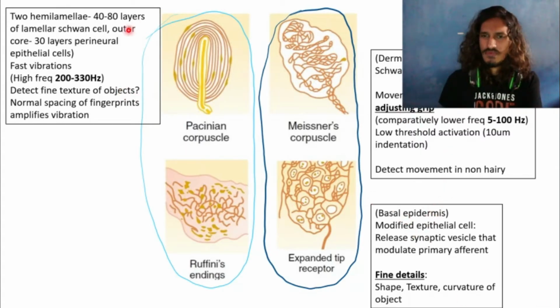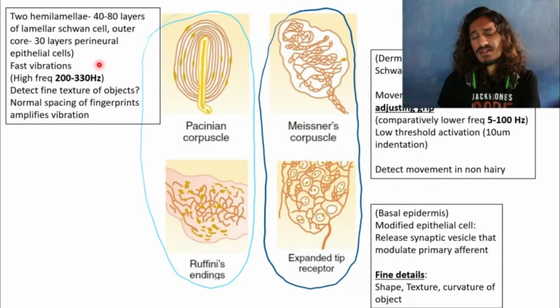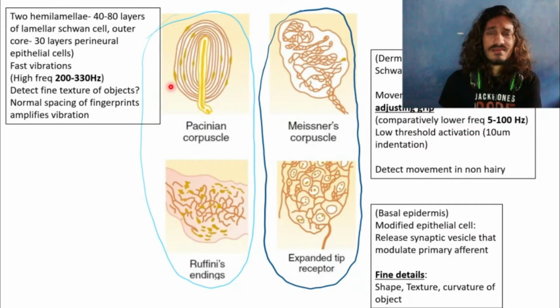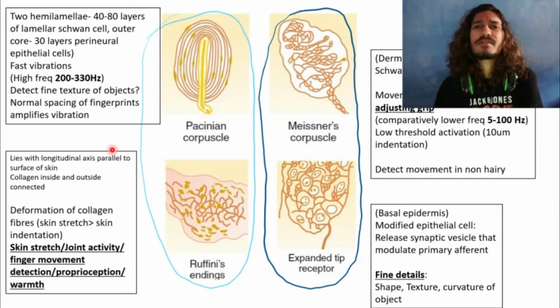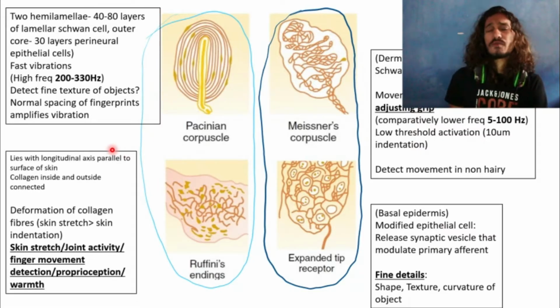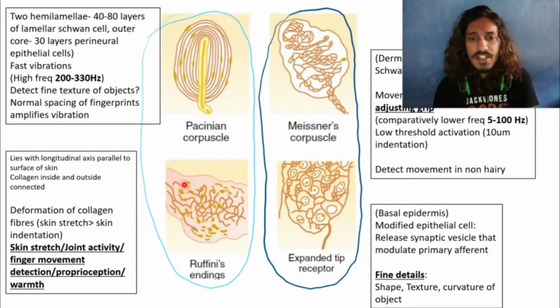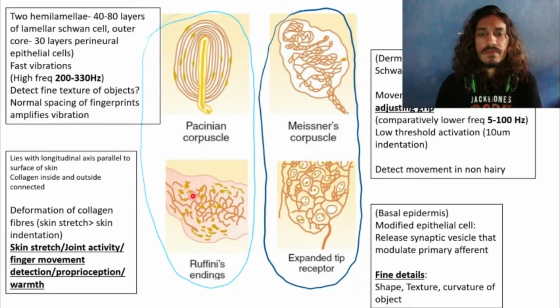So we discussed all these, which are fairly easier to understand. Now Ruffini's ending is kind of a little different. Ruffini's endings again are deeper, but what we realized is there are collagen fibers over here. In the extracellular matrix there's collagen fiber, and inside the Ruffini's ending also there are collagen fibers.